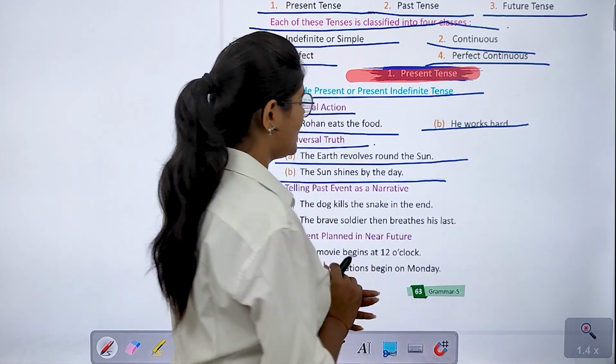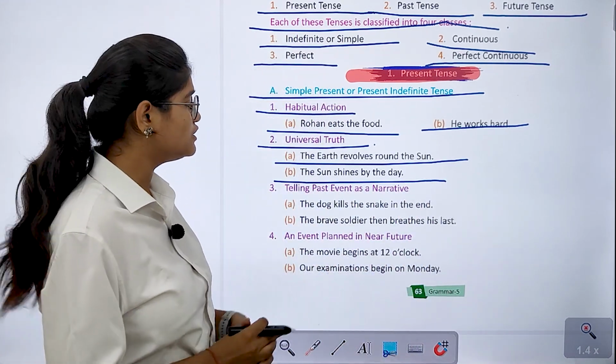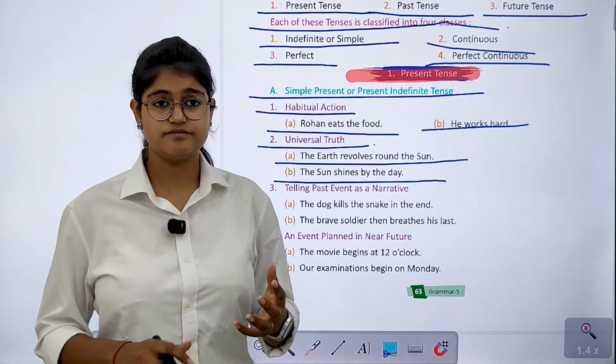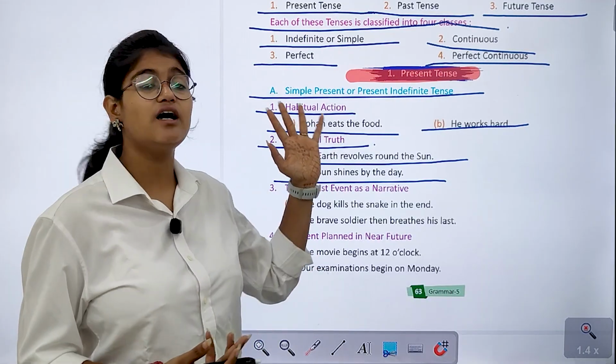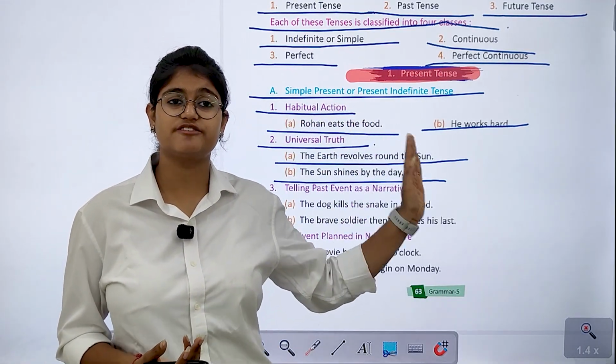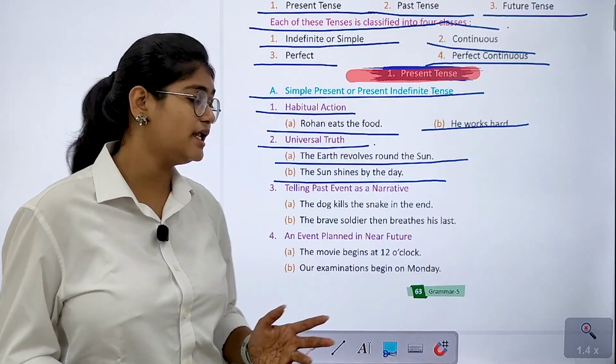The examples are: the earth revolves around the sun. The sun shines by the day. So we all know that these are the universal truth. So obviously they will be counted under the simple present and present indefinite tense, right?